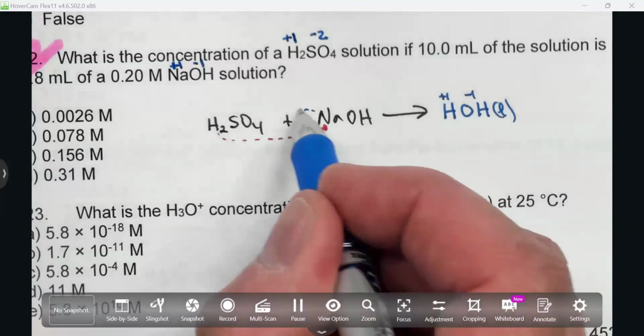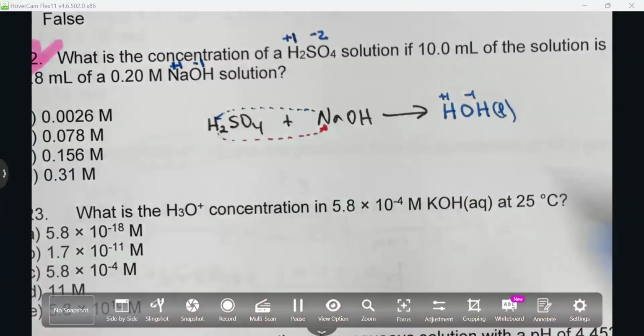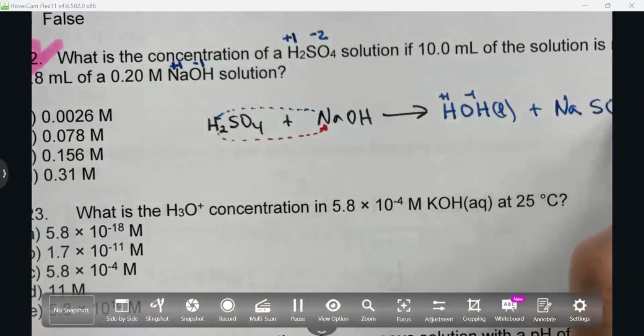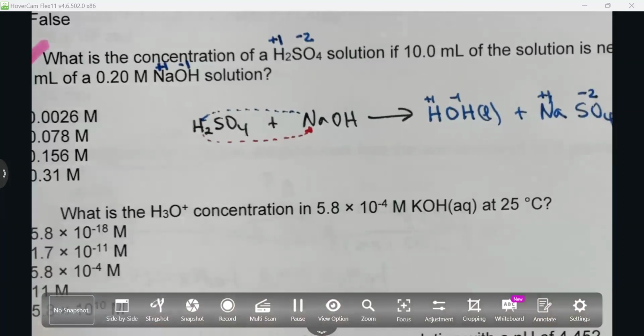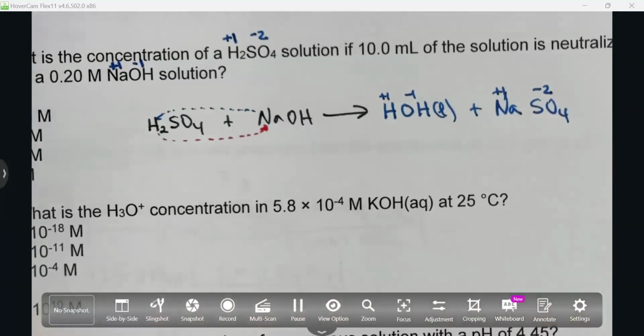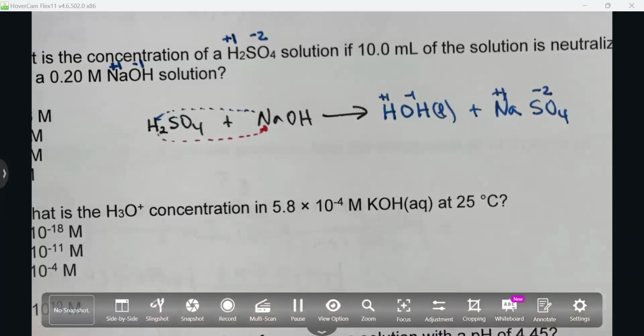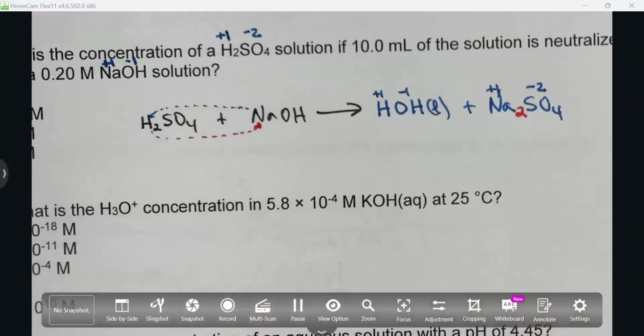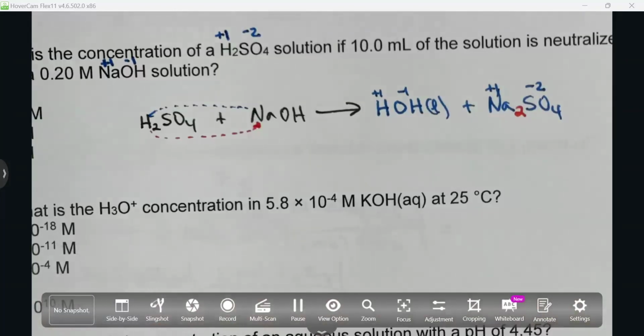So sodium takes the place of the hydrogen. So we need 2 sodiums. Now we got to balance this.